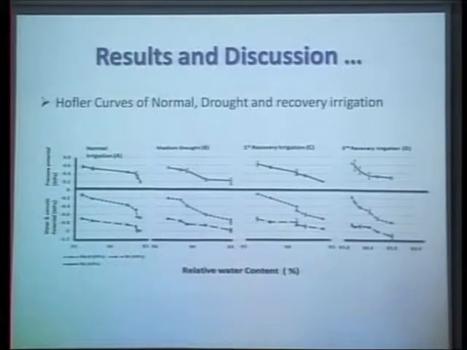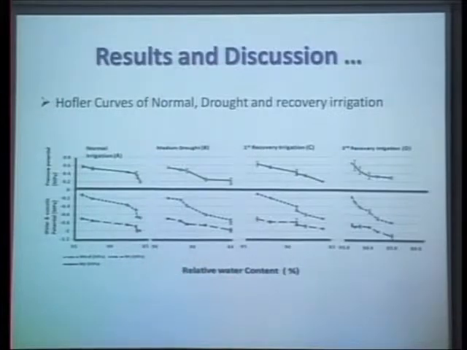So, having this information, we tried to develop the Höfler curve of normal, drought, and recovery irrigation also. This helps us in determining the elastic model of the leaf. Here on the y-axis, water potential, osmotic potential, and pressure potential, and on the x-axis, we put relative water content.